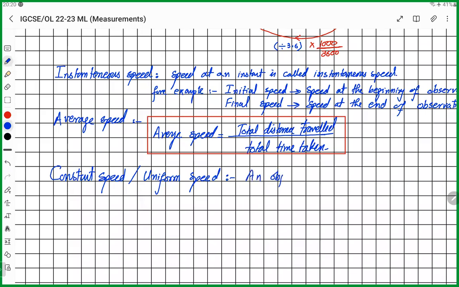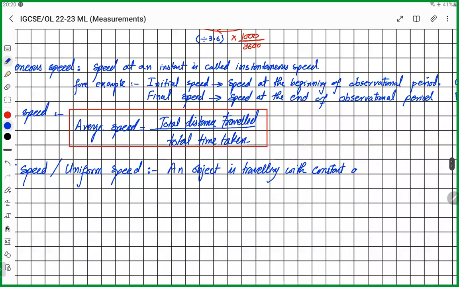An object is traveling with constant or uniform speed if it travels equal distances in equal intervals of time, no matter how small.